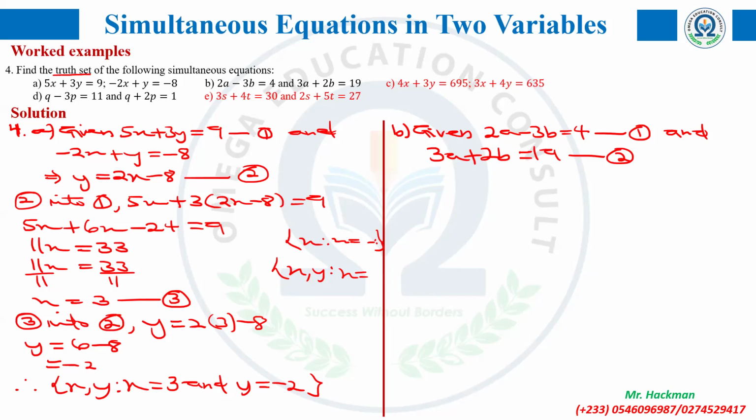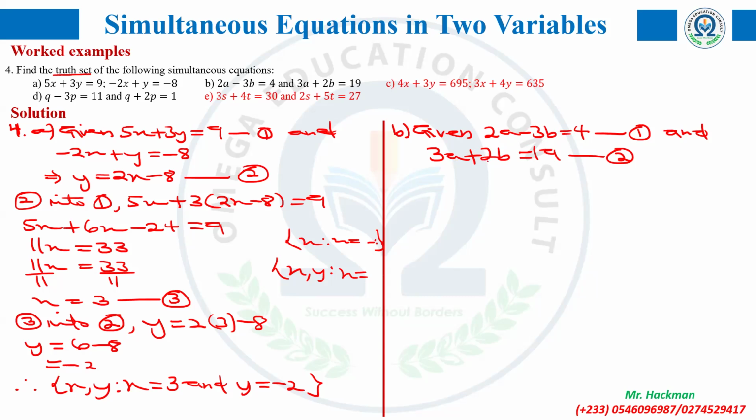Okay, all right. So if I want to eliminate, let me go for, okay, I want to eliminate b. If I want to eliminate b, I have to make sure that the coefficients are the same. So I will go for the lowest common multiple, and that will be 6. So that means that I need to make this one 6, and I have to multiply it by 2. Okay, so I'll multiply each of the terms by 2.